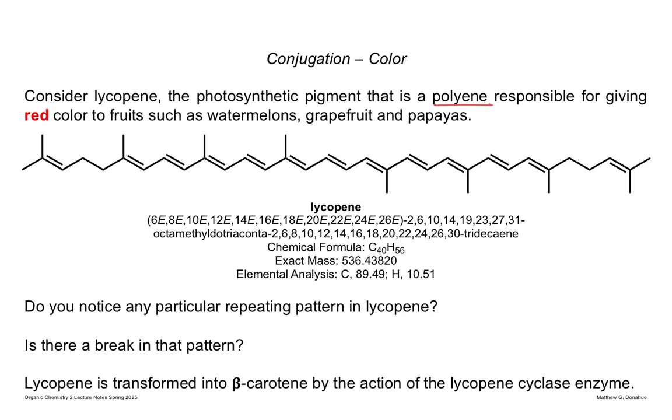So I have a question for you. Do you notice any particular repeating pattern? What do you think? So let me first highlight the conjugated part. So remember, conjugated bonds are only separated by a sigma bond.